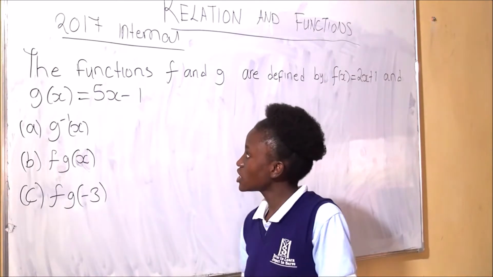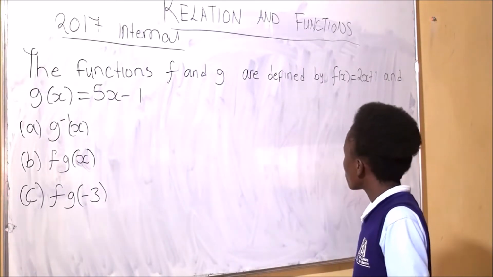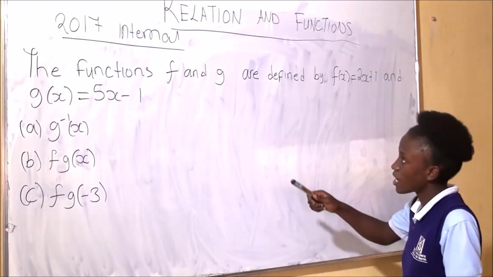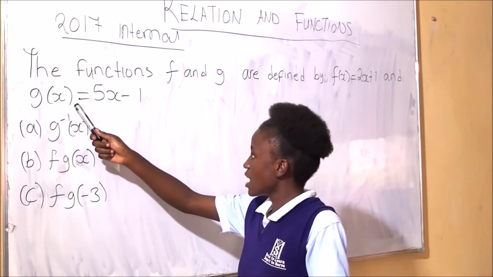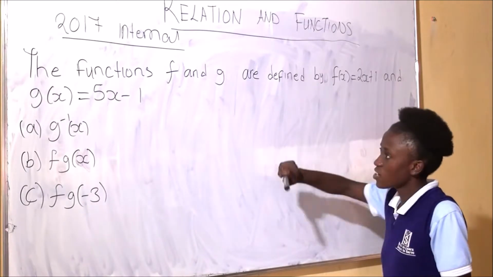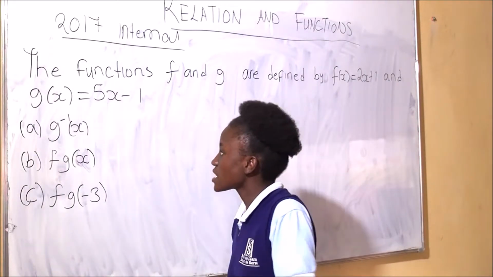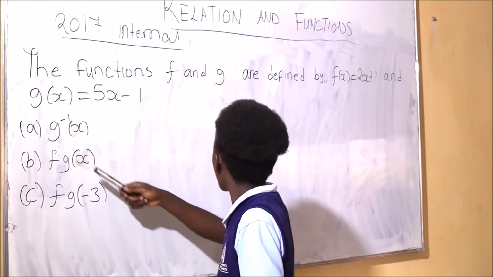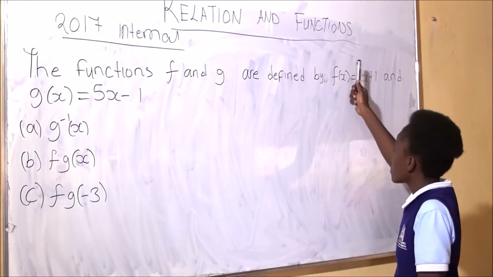To find g inverse of x, we are going to bring down the function g of x and not f of x, because our question is specific, it's talking about g inverse of x and not f inverse of x.